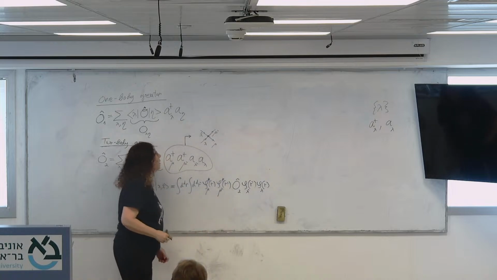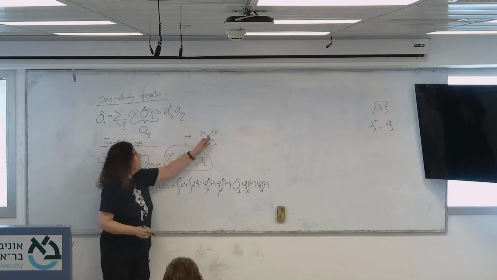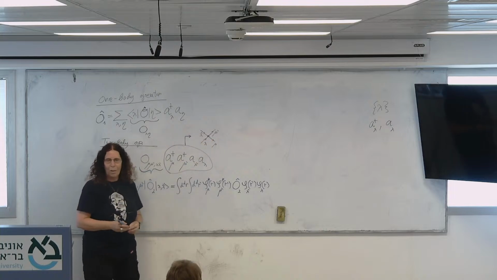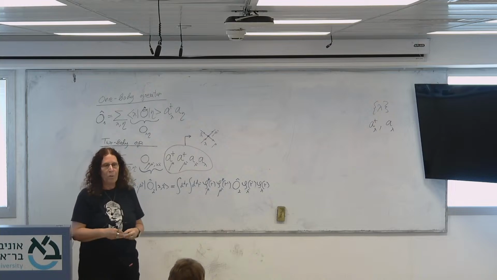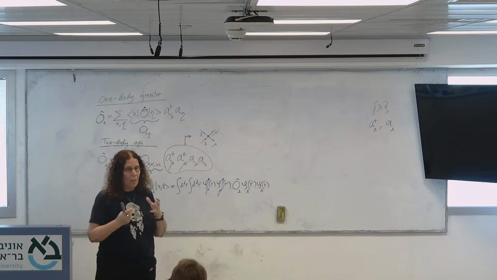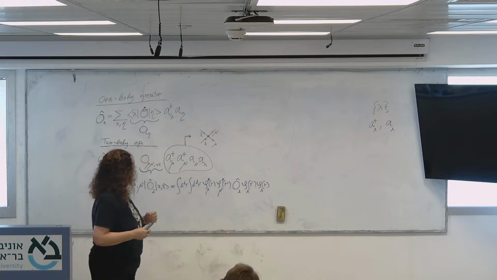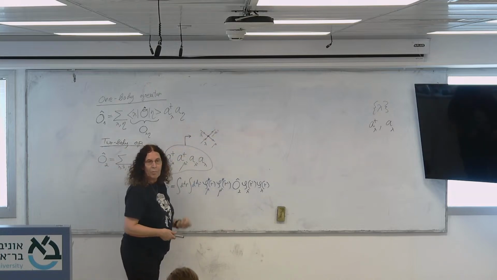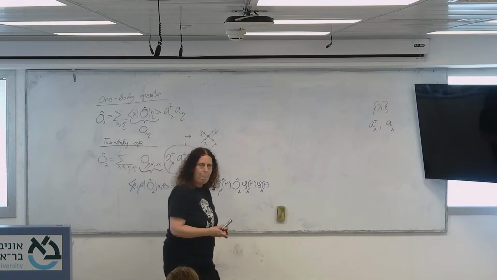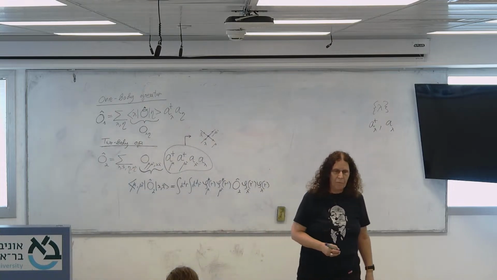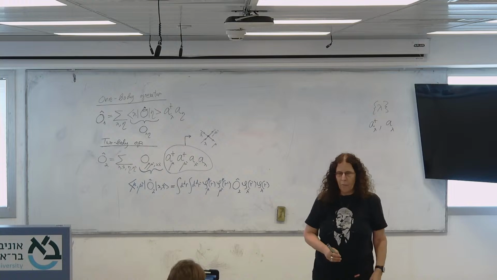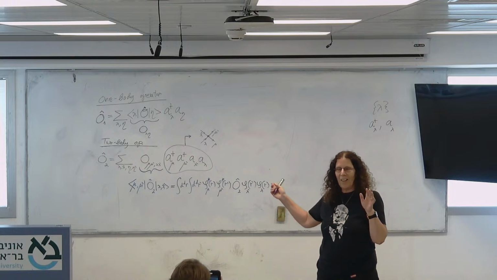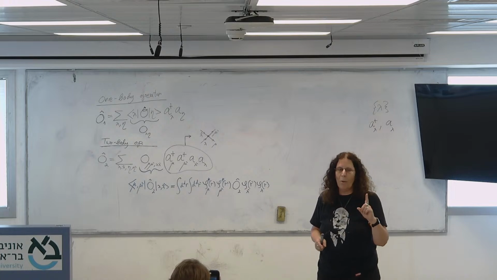Okay? And when I draw these arrows, these are all identical particles. So all I care about is that all the information is in what quantum numbers I destroy and what I create. Okay? This is the process. Just imagine, don't get confused, because the quantum numbers are not necessarily momentum.